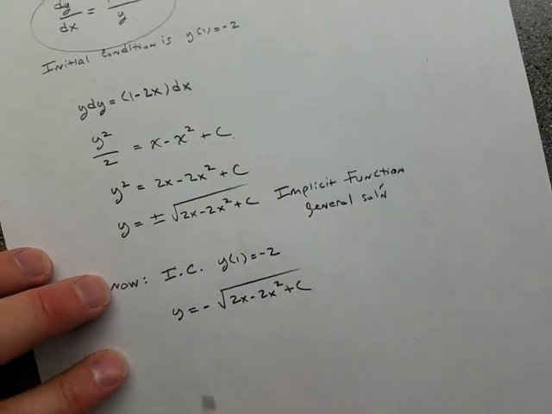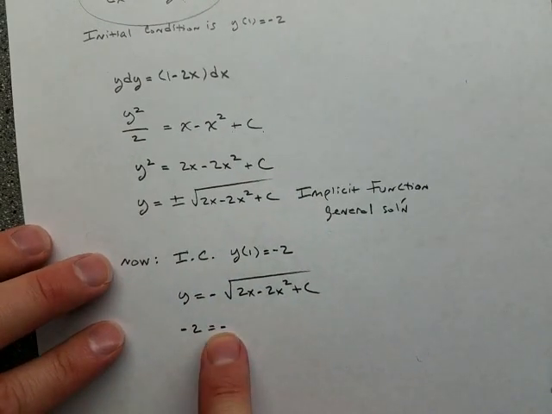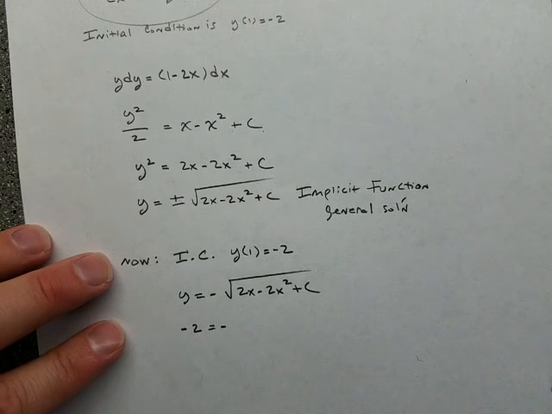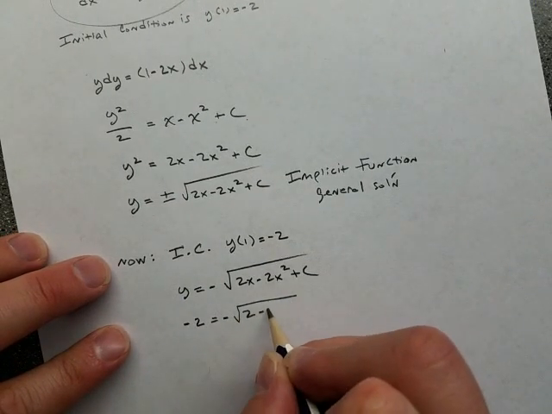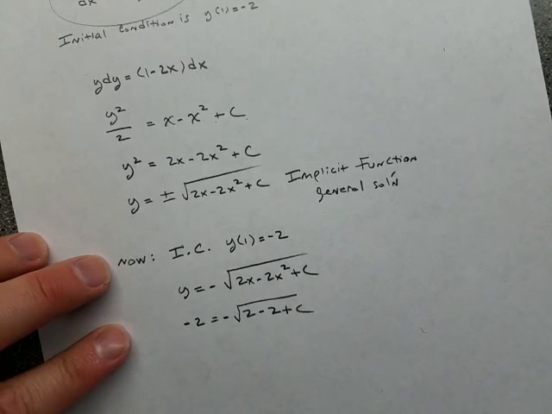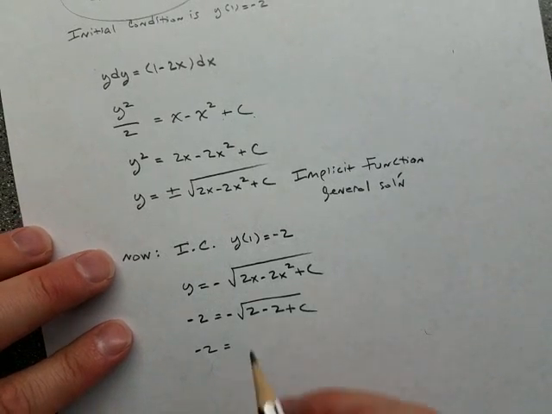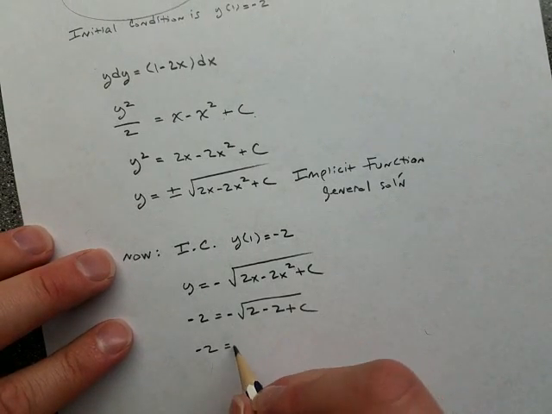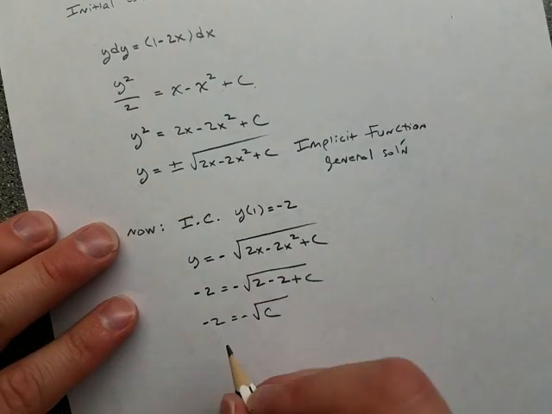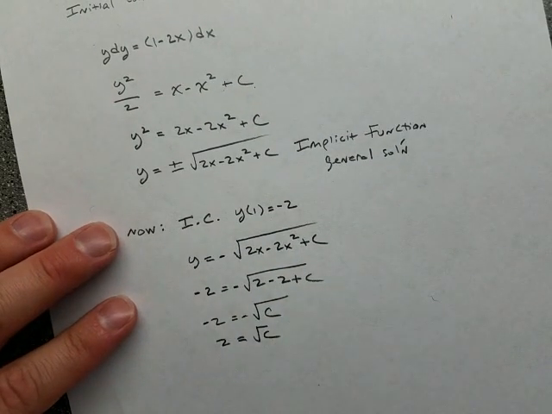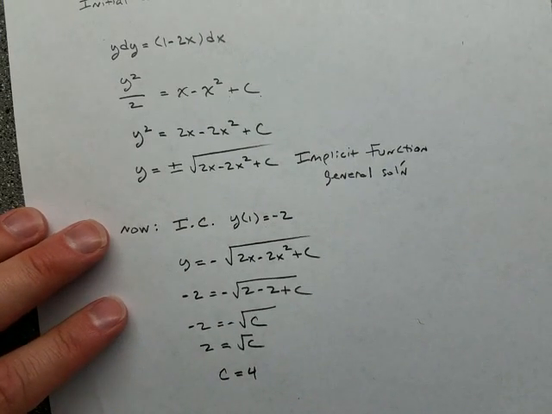All right, so putting in negative 2, and obviously that's going to be negative. That's the only way this is going to be equal to negative 2. I'll get 2 minus 2 plus c. Okay, and let's see, those cancel, and I find that c is 4, because the square root of 4 is 2.